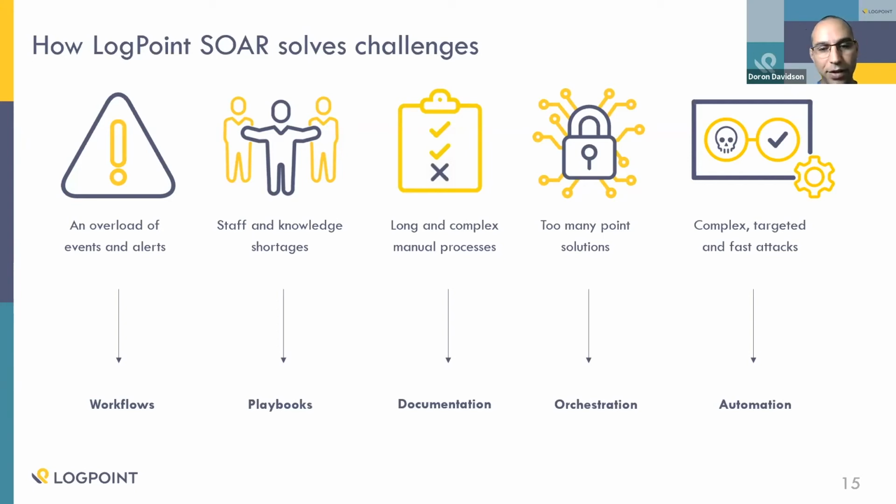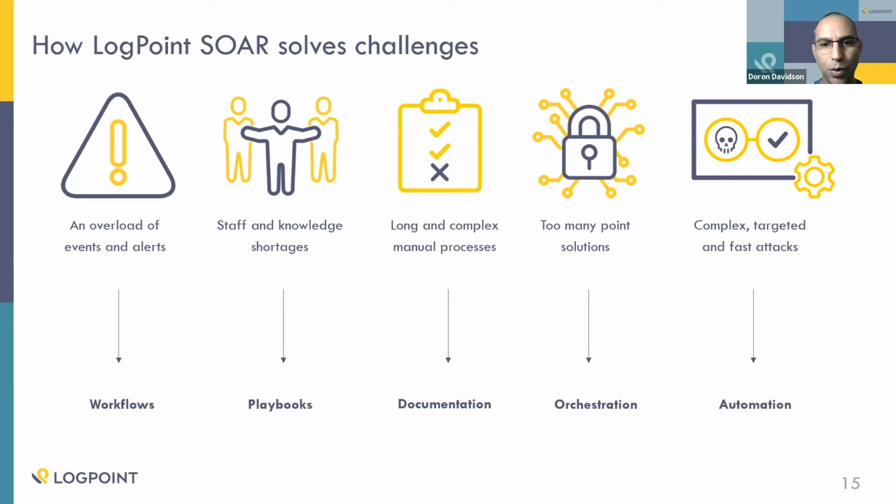MDRs, MSSPs that know their customers might have different processes. You can either take our existing playbooks and make changes to them, or you can build your own brand new playbooks according to your existing processes. These usually are security, but they don't even have to be only around security.